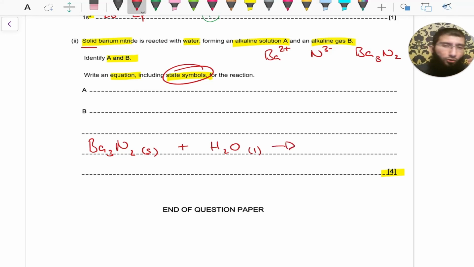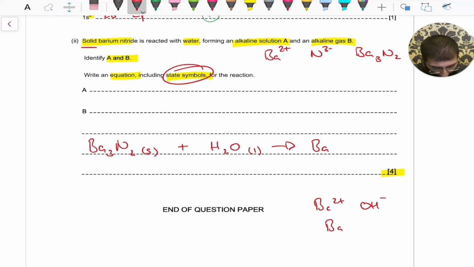Okay, so what knowledge are we drawing on here? So you'll have covered that group 2 metals react with water to make hydroxide solutions. So barium would react with water to make barium hydroxide. And it turns out that all hydroxides are alkaline because they release OH- ions. So that's our alkaline solution. So barium hydroxide. Now we know that barium has a 2+ charge, and hydroxide is OH-, a single minus charge.